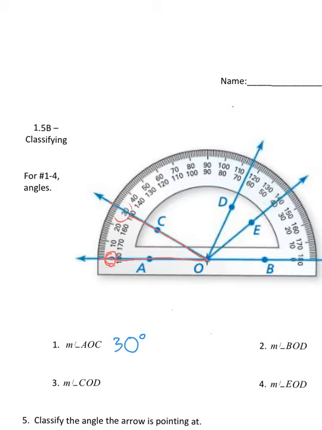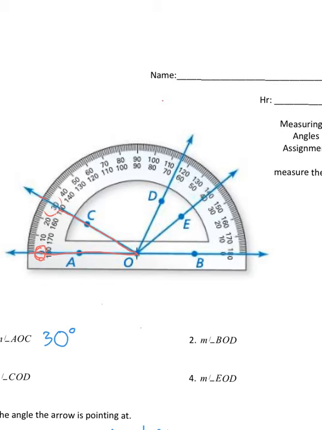Let's look at BOD. BOD goes across here, but it goes up here, so it's kind of on the other side. BOD starts on the other side. B is on the flat end, and that starts at 0.